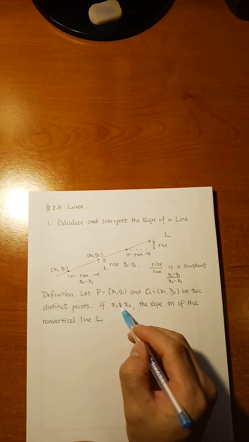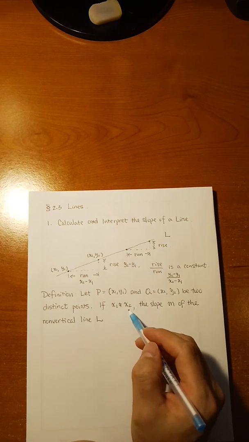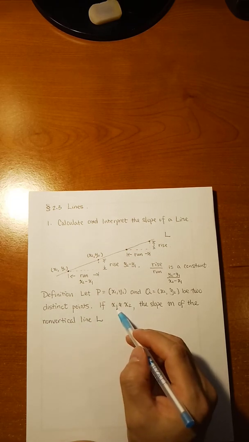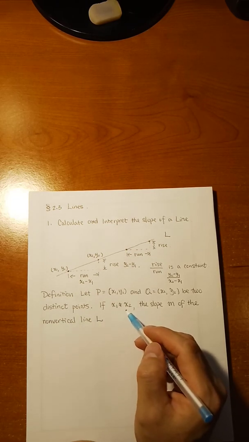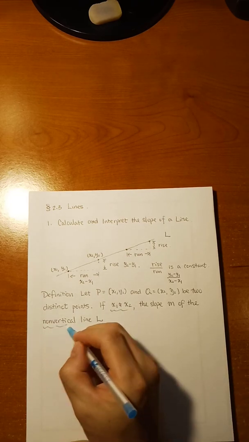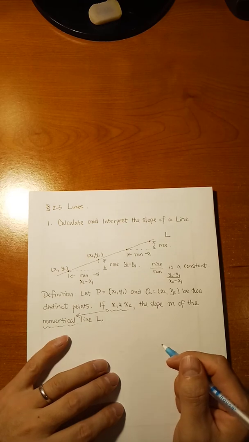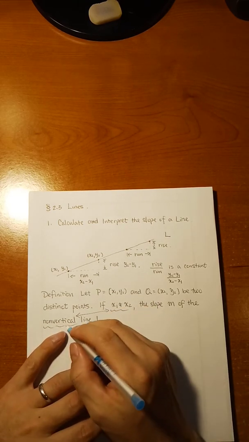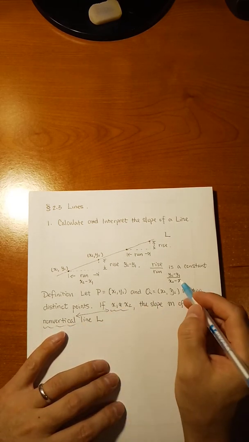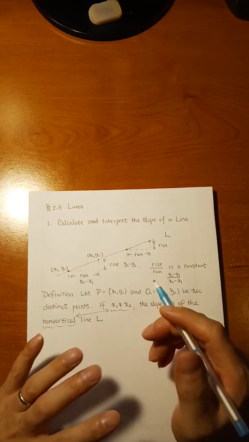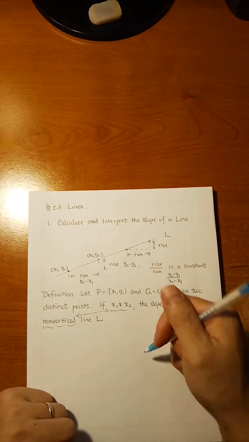Vertical means x1 is equal to x2. Non-vertical means x1 is not equal to x2. So this condition and this verb are equivalent. Non-vertical, again, guarantees that the denominator is not equal to 0, so we can form the quotient.